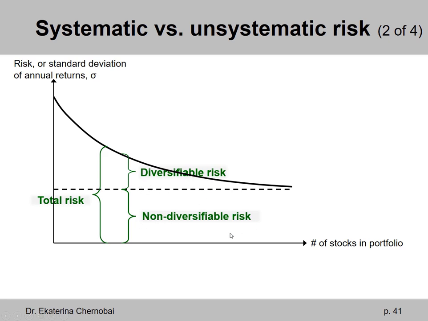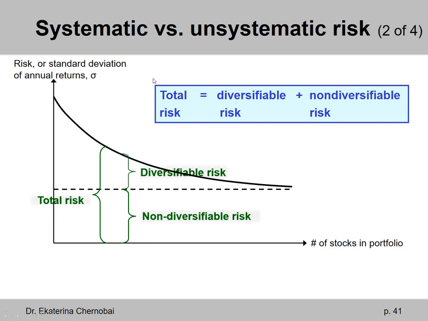Non-diversifiable risk is beyond our control. This is how we can decompose the standard deviation, which is the total risk of a portfolio's returns, into how much of it we can get rid of, the diversifiable risk, and how much of it we cannot get rid of, the non-diversifiable risk.